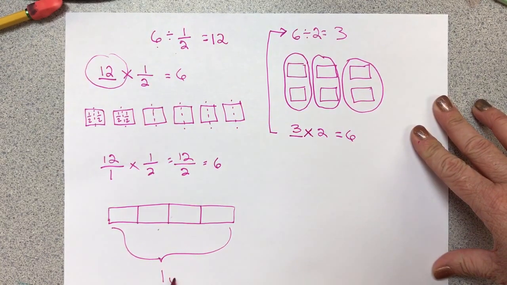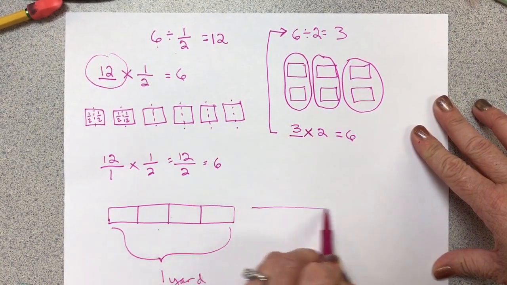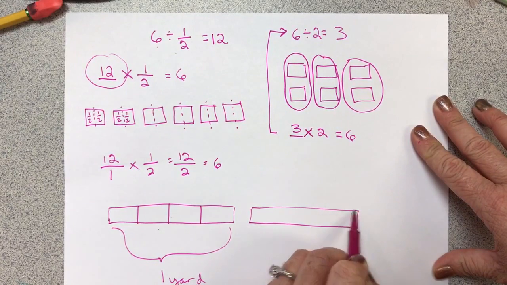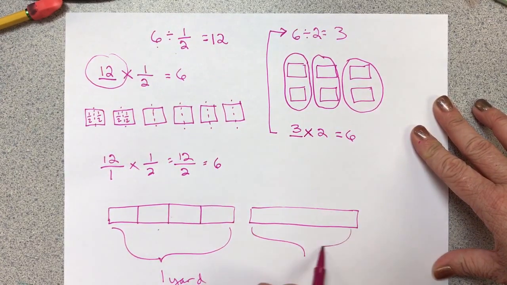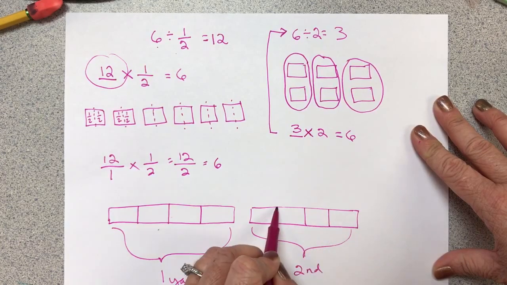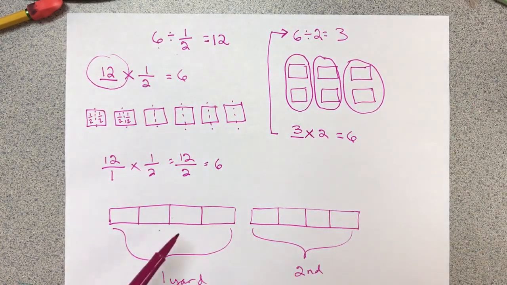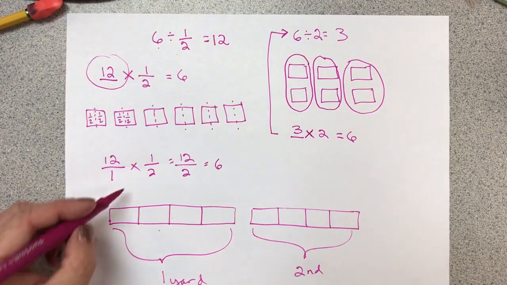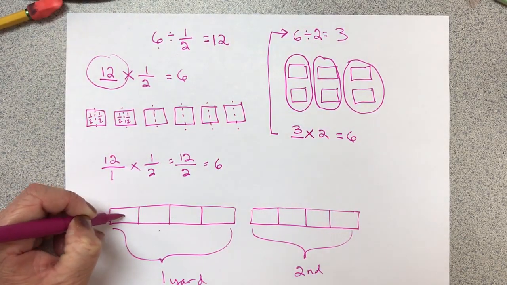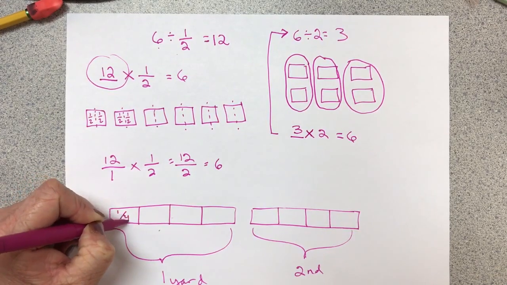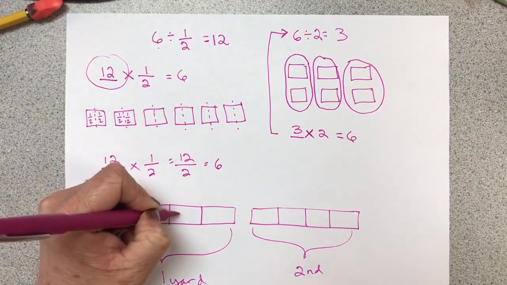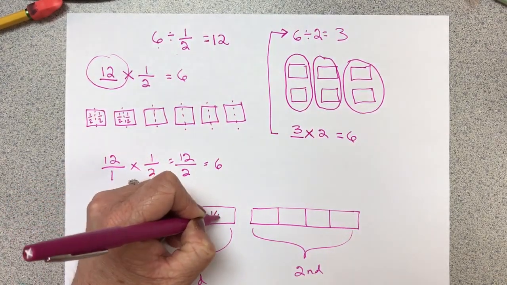That would be a little bit easier to see. 1 yard, just like our 1 whole, and now our 2 wholes. So this would be our 2nd yard, and we'll divide that up into fourths. So 2 yards of ribbon, 1/4 yard to make 1 bow. So this would be 1/4. This would be another 4th. This would be another 4th, and so on.